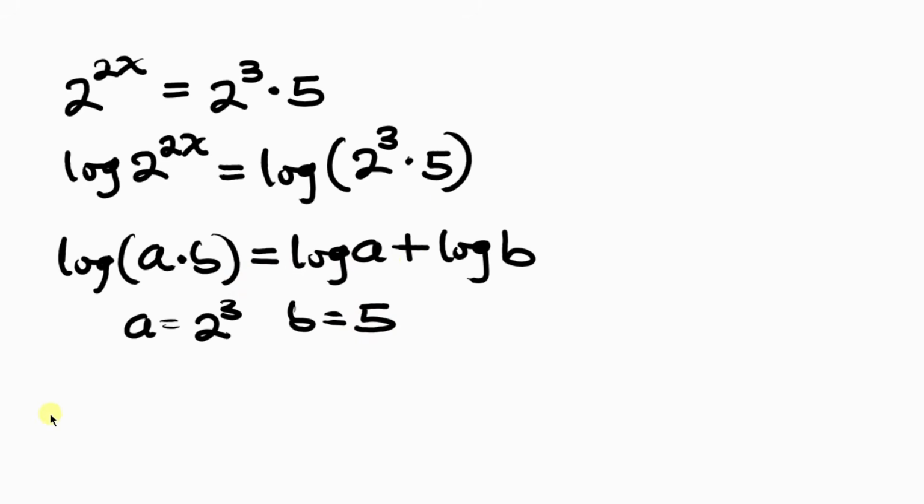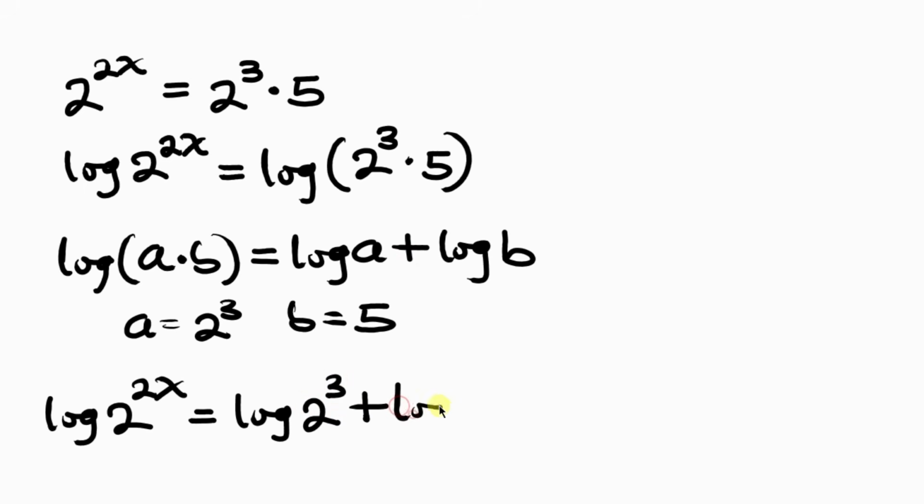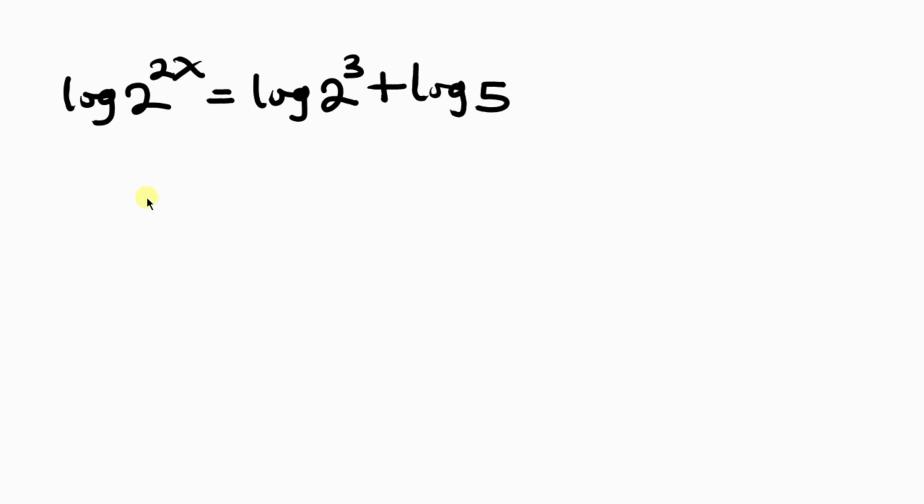On the left hand side, we've already got the log of 2 to the power of 2x. This is equal to, now the right hand side, we're writing log a. So this is log a. A is 2 to the power of 3 plus log b. B is what? 5. Very good. Now let's take another property of logarithm, the one that has to do with powers.